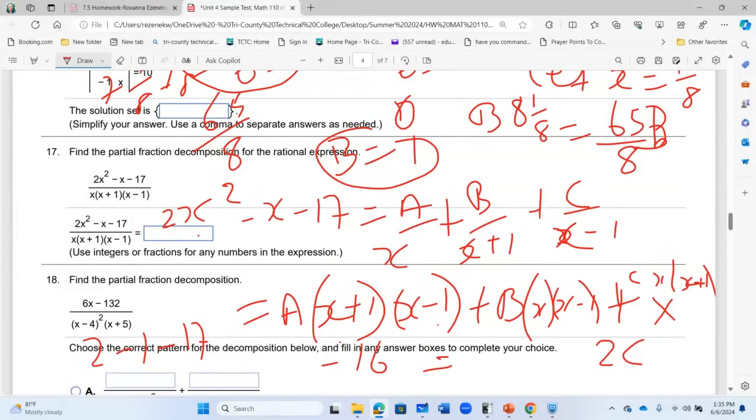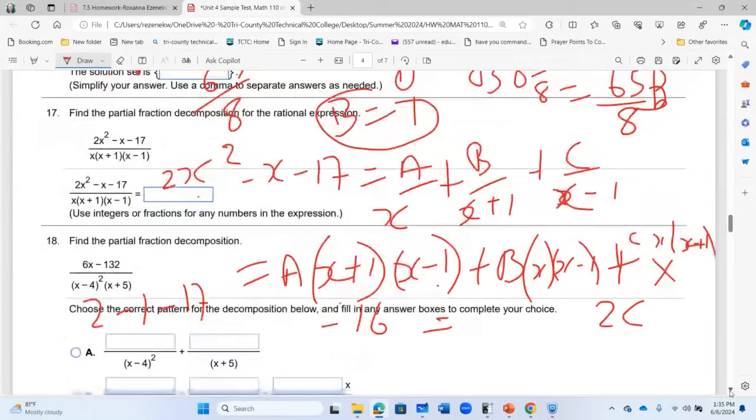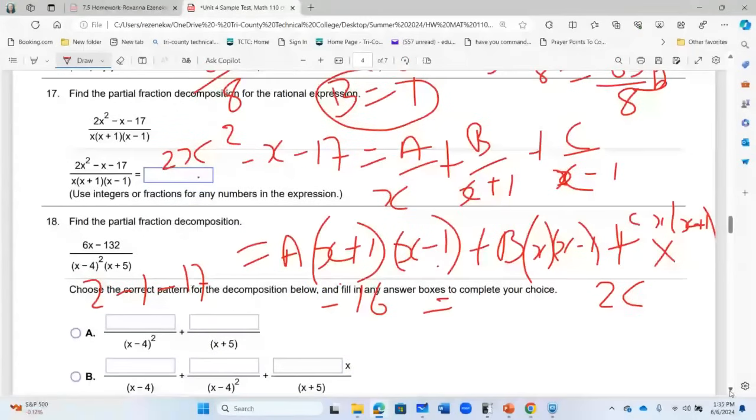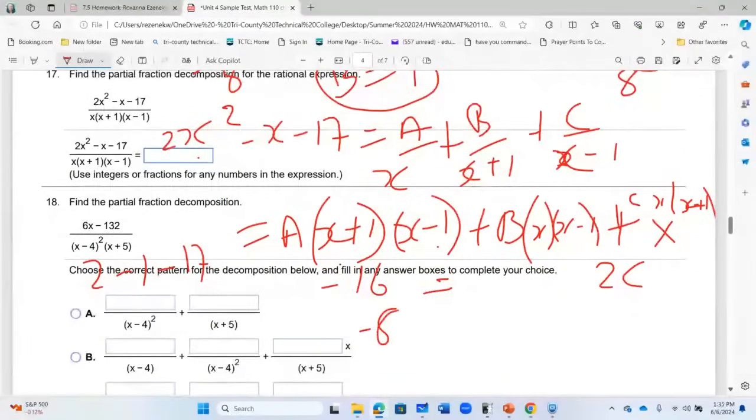So we have that C is equal to negative 8. So now that I have negative 8, I do some manipulations again to get the values of A and B. Knowing the value of C helps a lot, so I'm not dealing with 3 variables. So you just take it easy. And then I think we will be stopping here. Right.